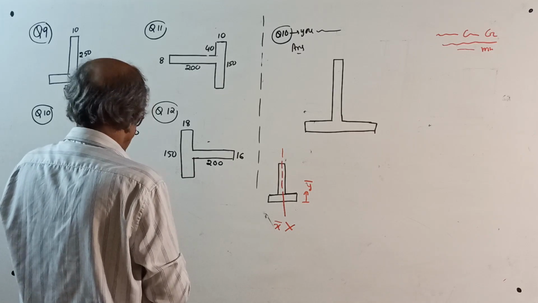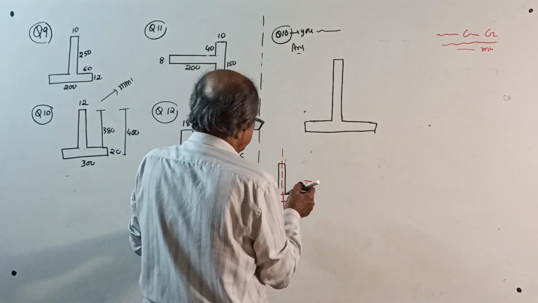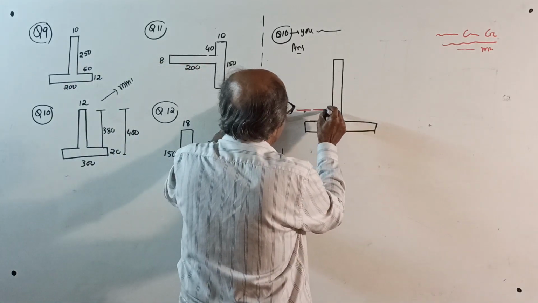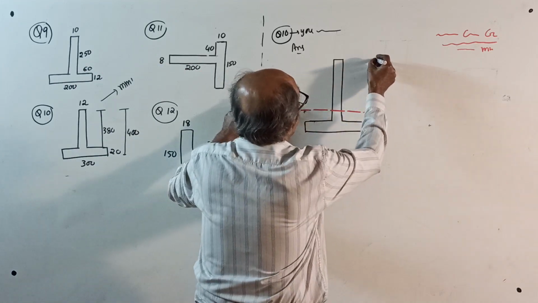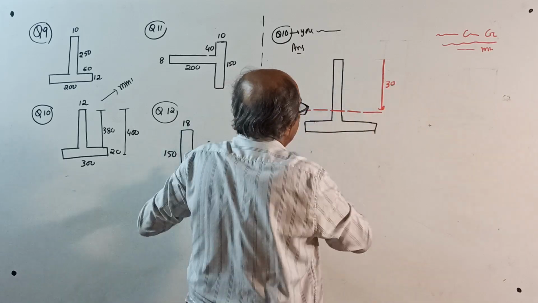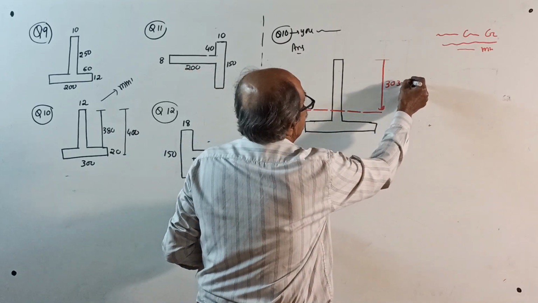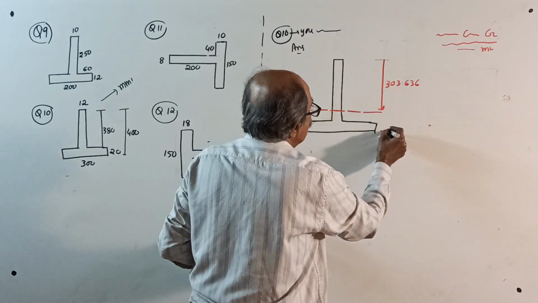From the top I got 303.636. See, from the top I got this, 303.636. But you do it from the bottom.